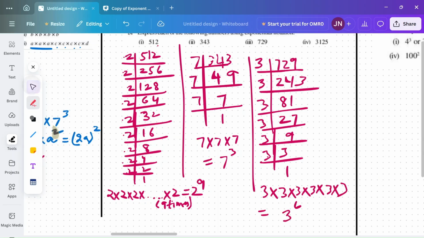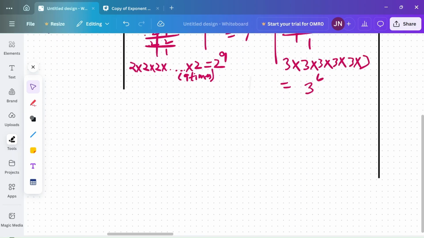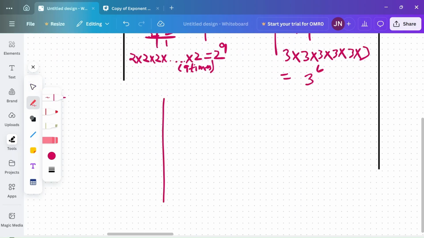Now the last one I'm solving here at the bottom, 3125. So 5.